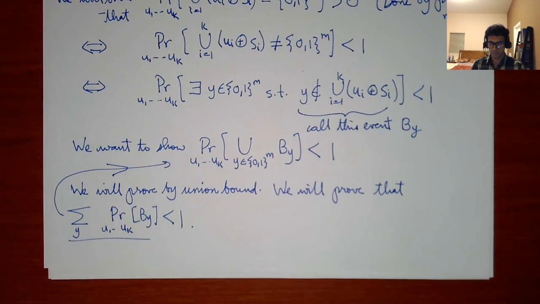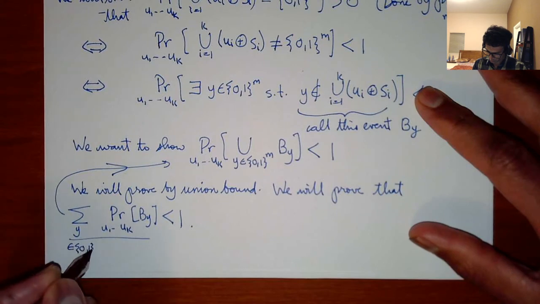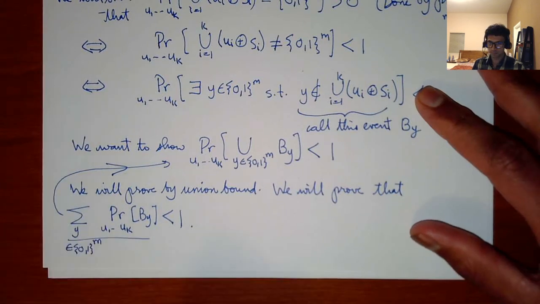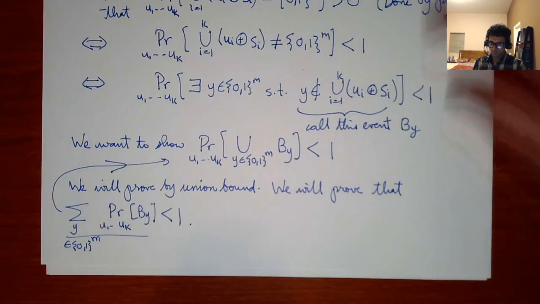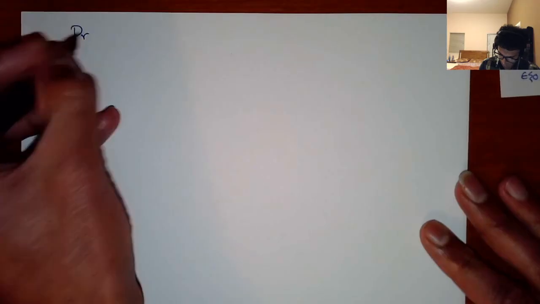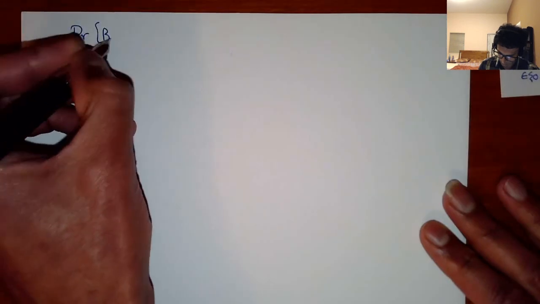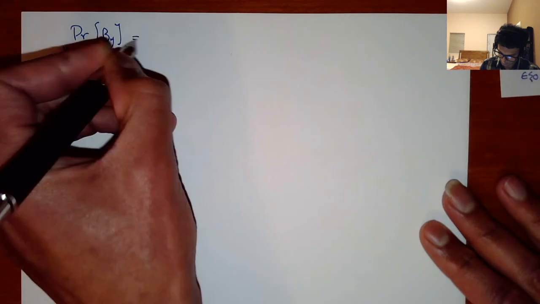All right? Remember, y is in {0,1}^m. Now let's say, what is the probability over u1 to uk of B_y?